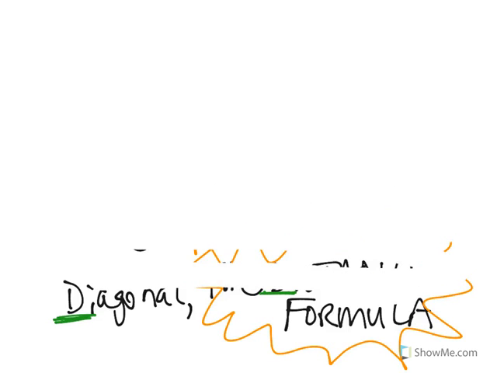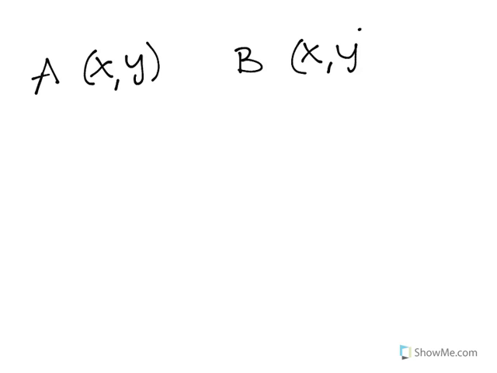All right, so what is the distance formula? Well, the distance formula is, let's say you have 2 points. You have point A, then you have point B, okay? And your points are in the x and y form, as they always are, right?